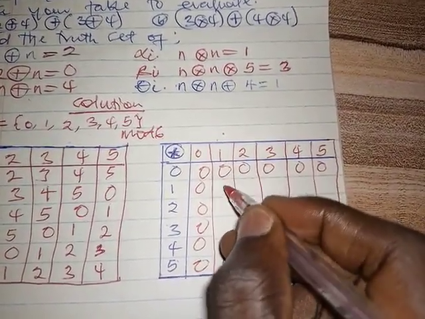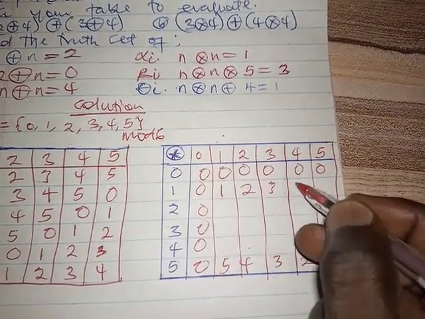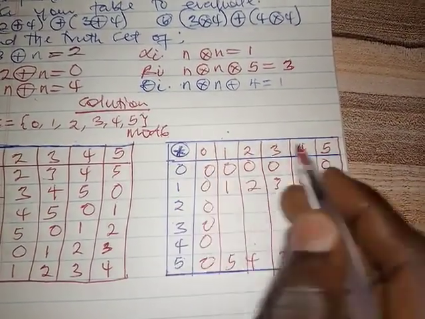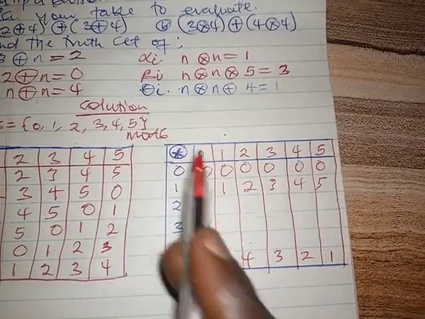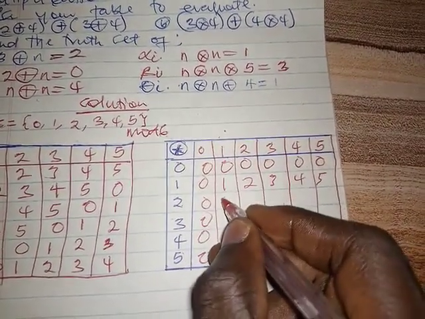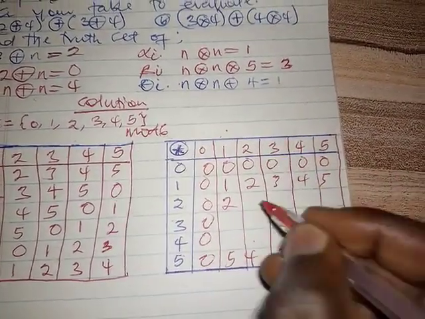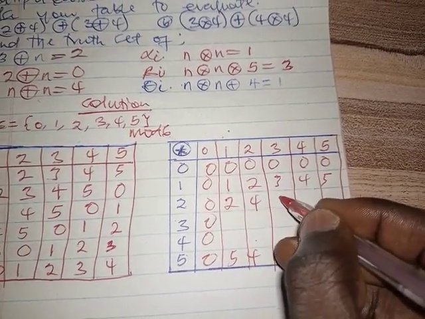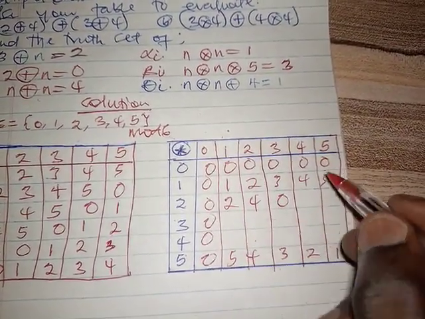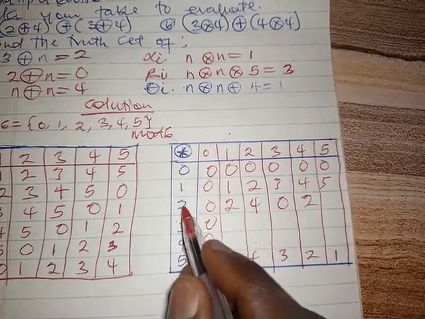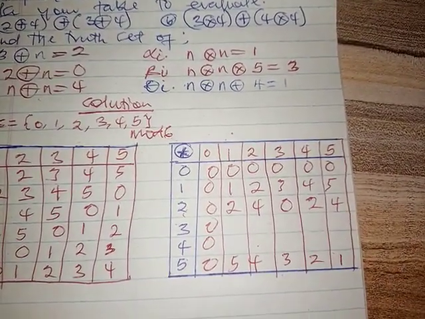We have 1, 2, 3, 4, 5, because 1 times any number here will give you an answer less than 6. 2, we have 2. 2 times 2 is 4. 2 times 3 is 6, so we have 0. 2 times 4 is 8, so we have 2. 2 times 5 is 10, so we have 4.